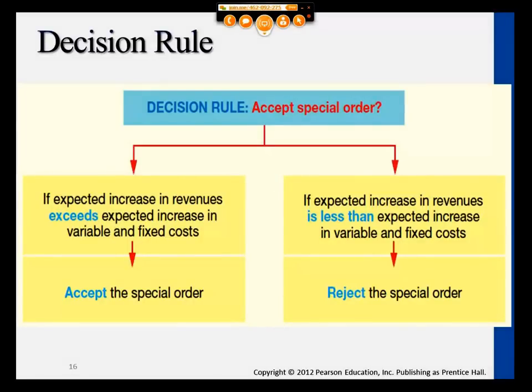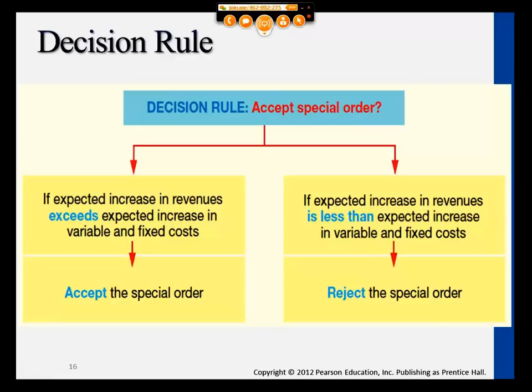All right. So the decision rule is practically guiding you: should you accept or should you not? If the expected increase in revenue exceeds the expected increase in variable and fixed costs, then you will accept it. But if it's not, then you will reject. If the expected increase in revenues is less than the expected increase in variable and fixed costs, you will reject it.